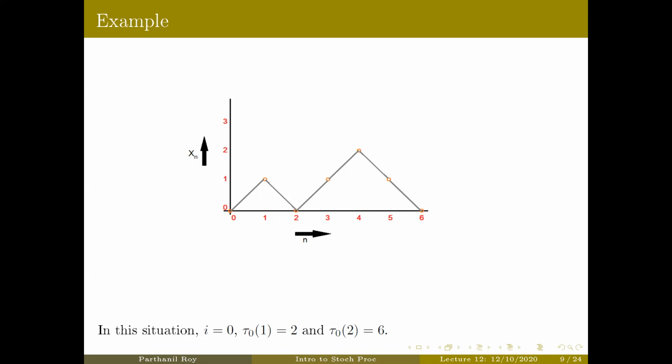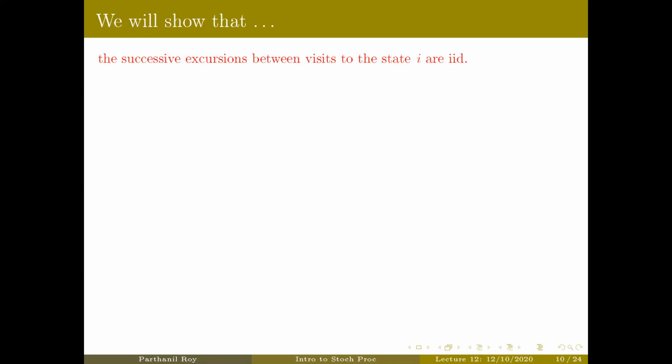So in other words, excursions are going to be the Markov chain seen in between these return times. Even before we define that, let's try to state at least what we are trying to show.